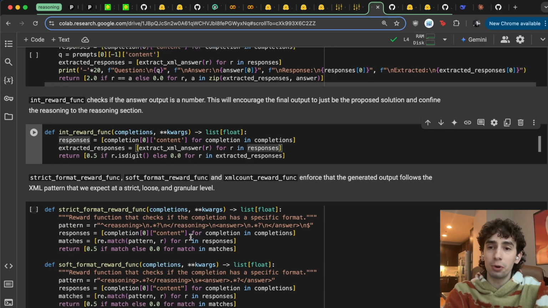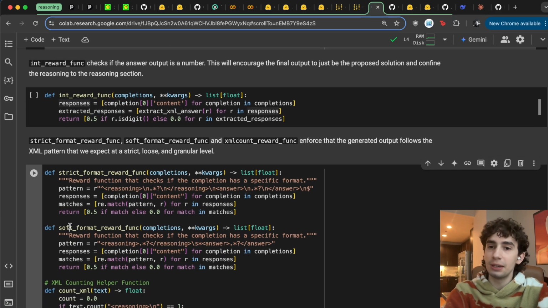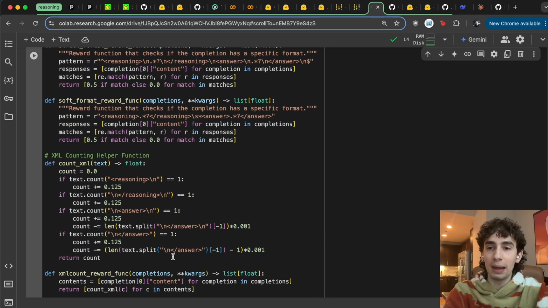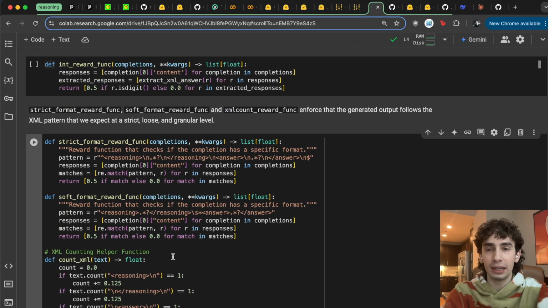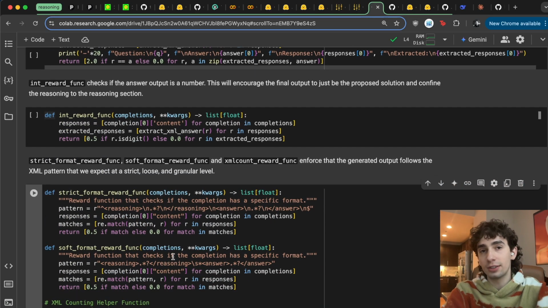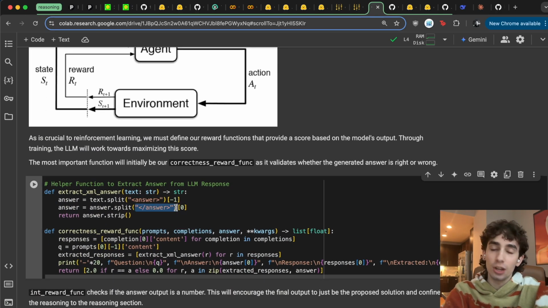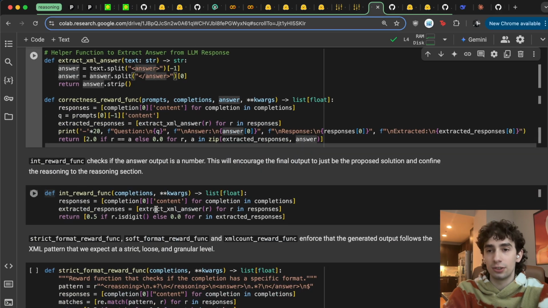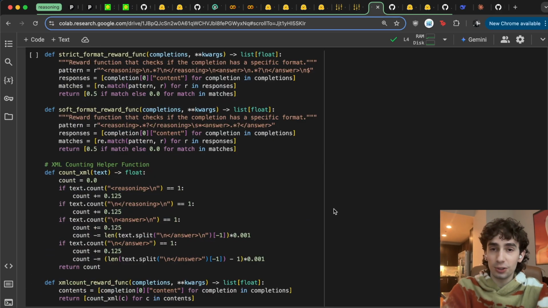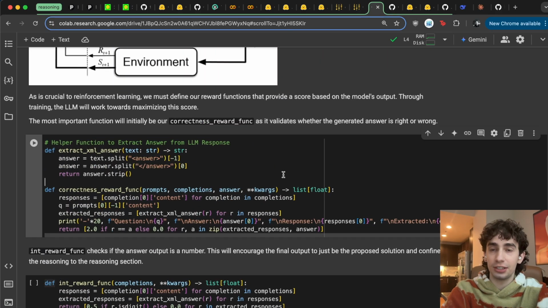The rest of these reward functions are simply going to be looking at the format that the language model is outputting in, making sure that it keeps just its thought process through the whole thing in the thinking tags, and then putting everything else, just the final answer, into the answer tags. And surprisingly, this is simply all that you need to actually kick off and start the model to learn how to reason on its own.